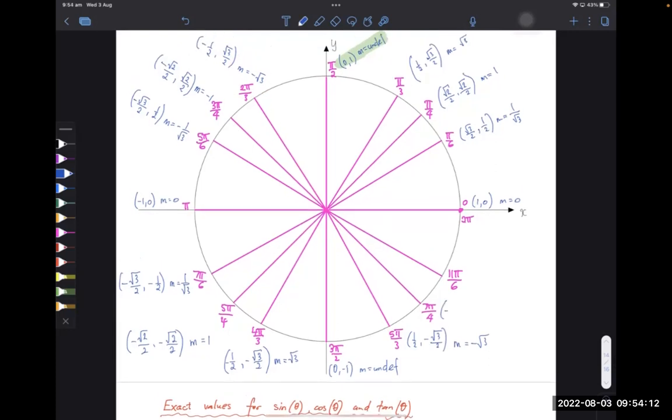This one here is positive √2 because the x value is in the positive section, right? And the y value is in the negative section, so negative √2 on 2. The gradient here, what's the gradient of this line here? -1, because it's the same gradient as this line here, yeah?